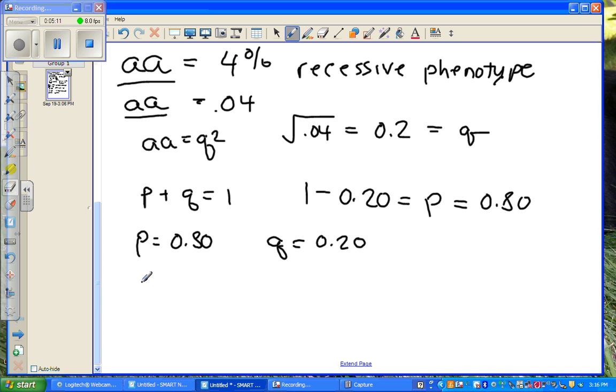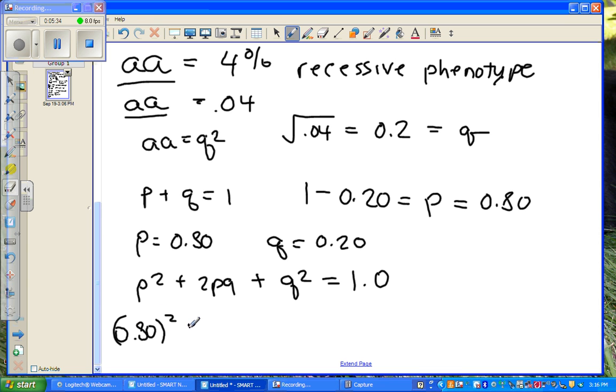We can work our equation and figure out the frequencies of all of the genotypes in the population, and from those we can even figure out the frequencies of the phenotypes. So the frequency of the dominant homozygous genotype is going to be 0.8 squared.